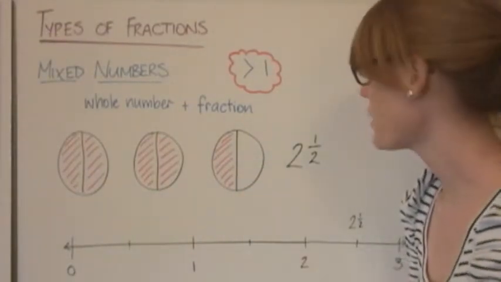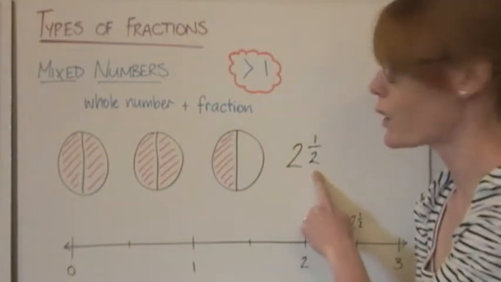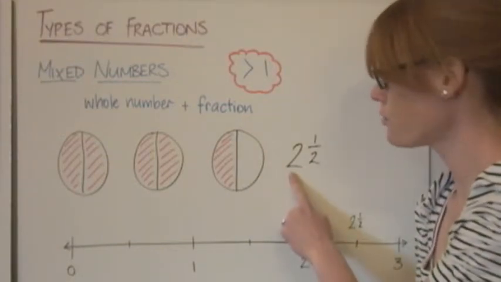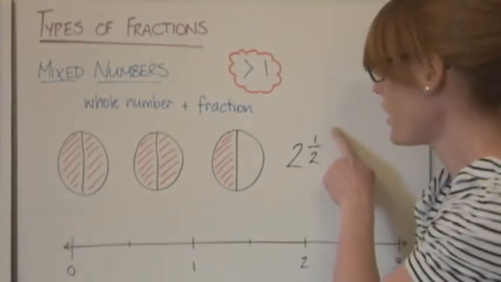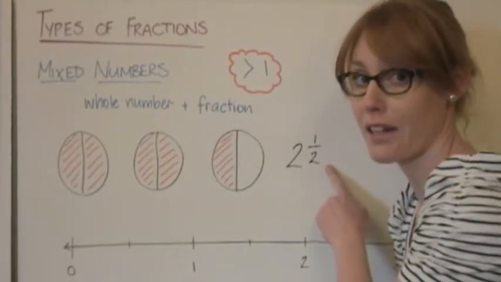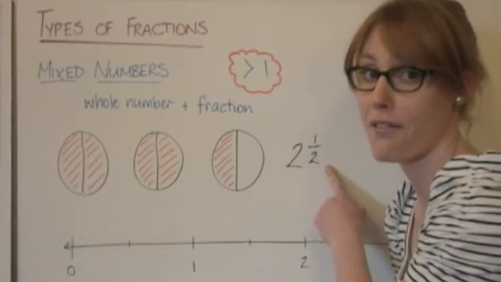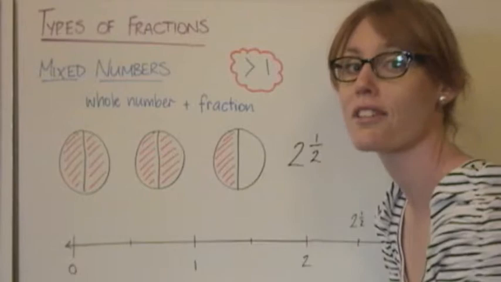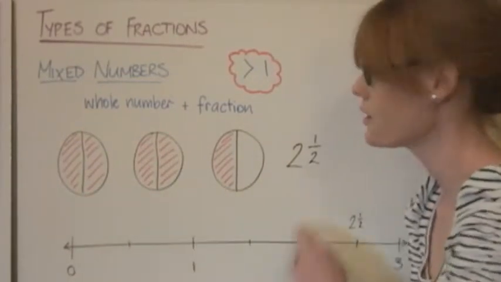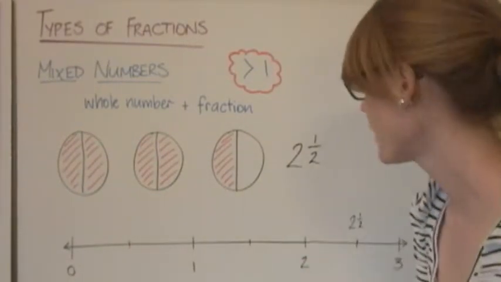So our mixed number is 2 and 1/2. The 2 represents how many whole numbers we have, 1, 2, and the half, this proper fraction here, represents the fraction that we have aside from the whole numbers. So we have 1/2 as well as 2 wholes, 2 and 1/2.